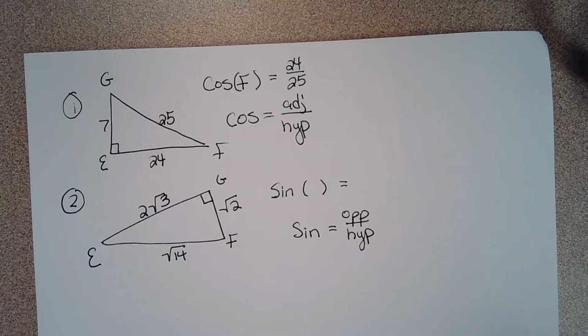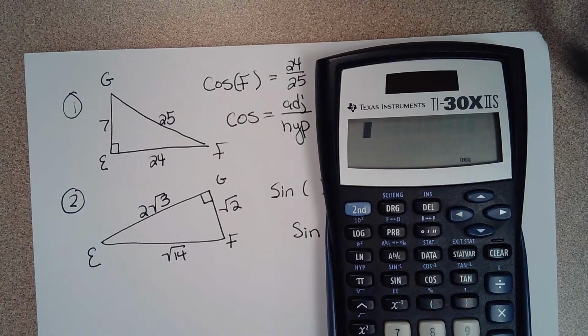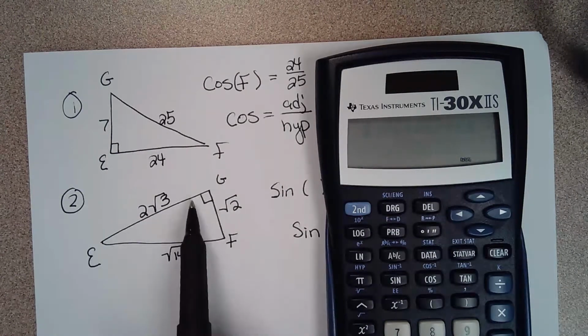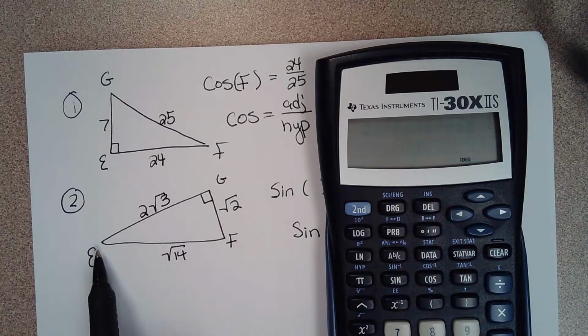So let's take a calculator out. I'm looking for something that's not here, so it's not going to be G. It's either going to be F or E, one of them being the opposite.